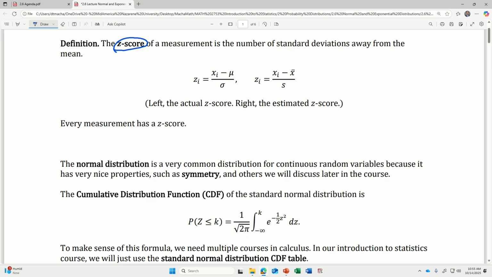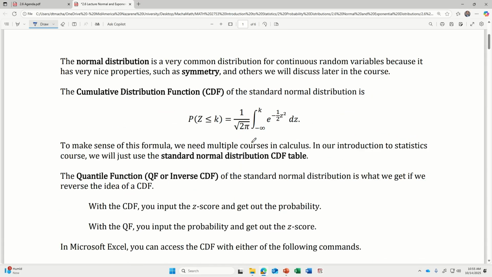The normal distribution shows up really commonly in nature and in engineering and in everyday life. There's a lot of reasons for this.